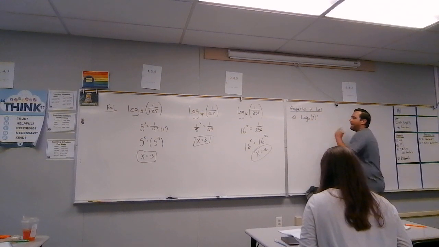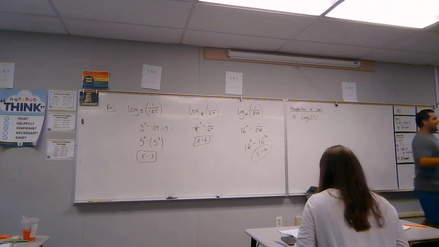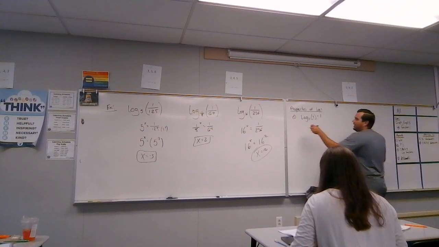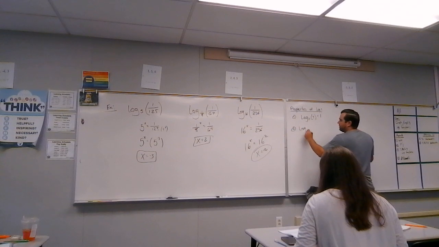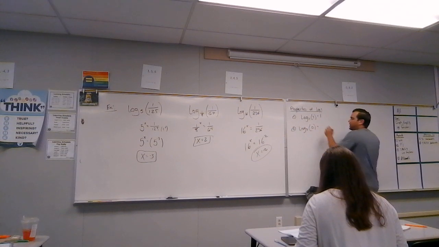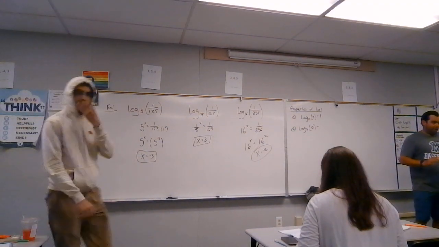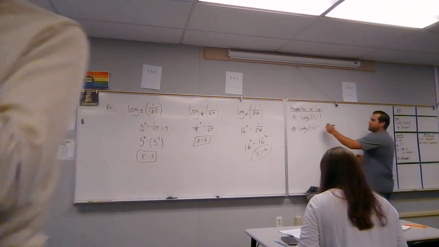If the base of your log function and the input are the same, that is equal to 1. Then, I mentioned it, but I really want to write it down: your input for your log function can never be 0, or negative for that matter. It's impossible, so this would be undefined.